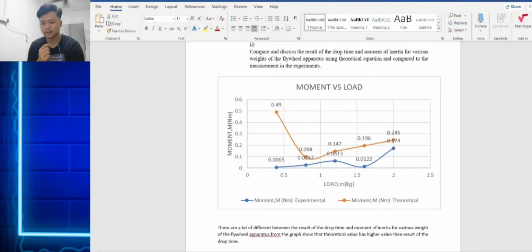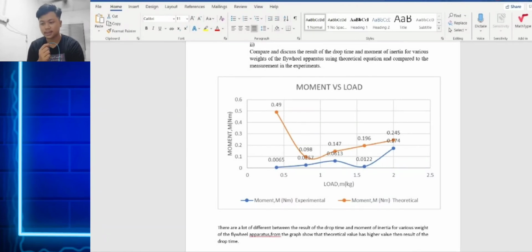So this is the graph, and as you can see they are a bit different. There is a lot of difference between the result of the drop time and moment of inertia for various weights of the flywheel apparatus. The graph shows that the theoretical value is higher than the result of the drop time.